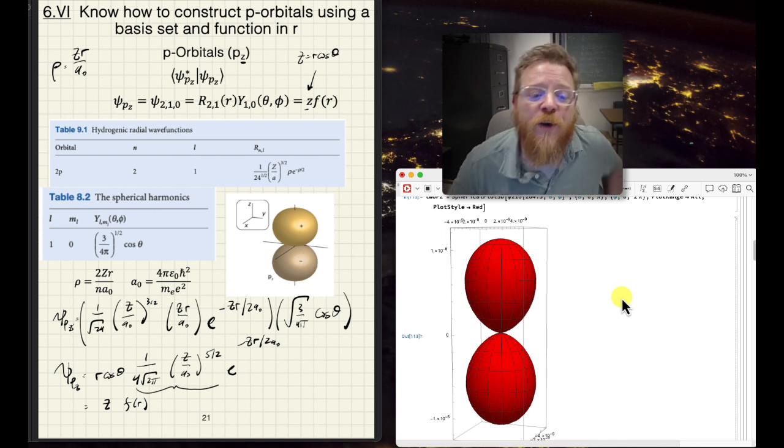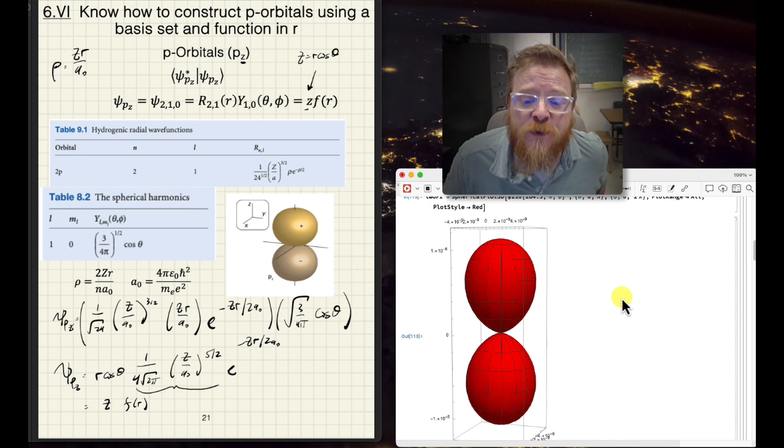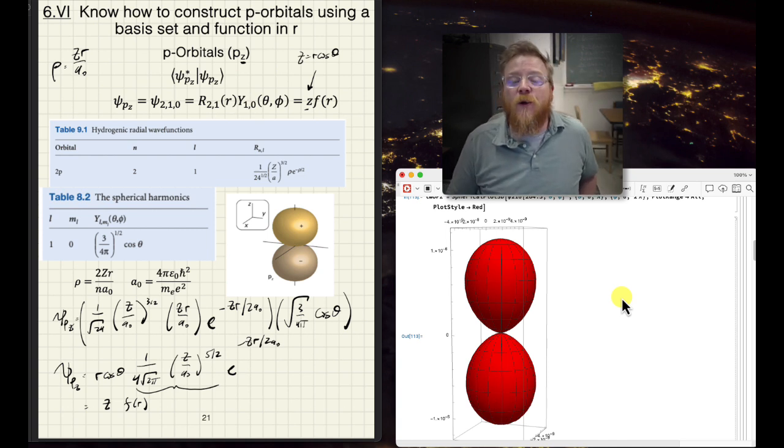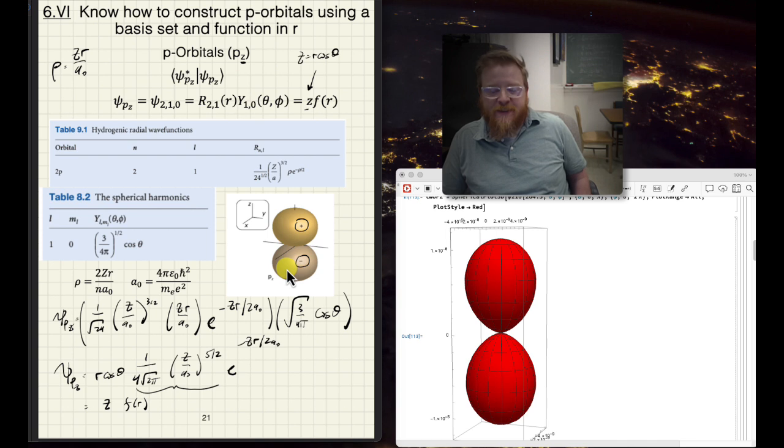Another thing that I want to note here is, remember, we're looking at psi squared, which means the values are positive. Colloquially, we use a positive and negative sign here to indicate different phases of the wave function, those phases being its different direction dependencies.